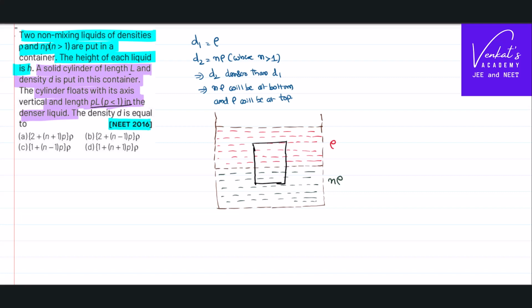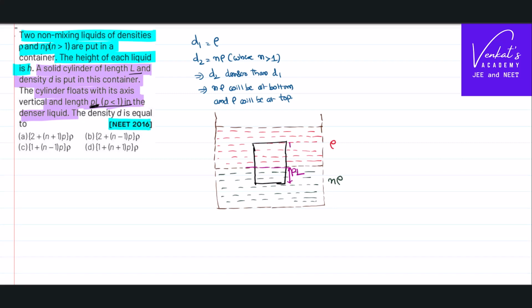Out of the total length L, P less than 1 means a smaller part is in the denser liquid. So PL is in the denser liquid. This part of the length is PL.